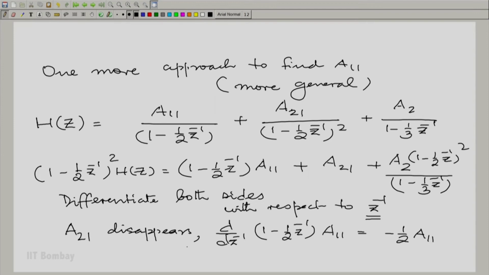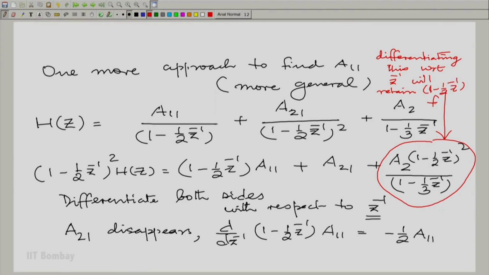And then of course here, when we differentiate this with respect to Z inverse, it would still retain the 1 minus half Z inverse factor.